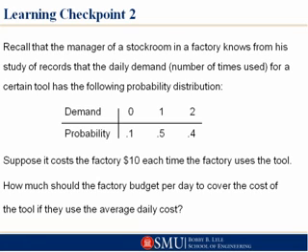Okay, recall the manager at the stockroom in a factory knows from his study of records the daily demand, the number of times used, for a certain tool follows this probability distribution. Just what we had a moment ago. Now, again, this is taking the same one on the previous slide. Imagine that g of x is the function 10 times each time the factory uses the tool. How much should the factory budget per day to cover the cost of the tool if they use the average daily cost? So instead of having x, you have 10x, right?